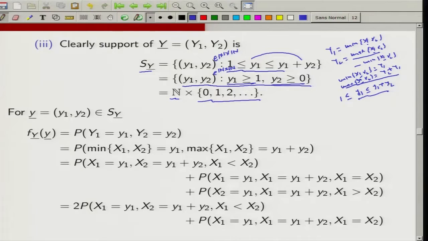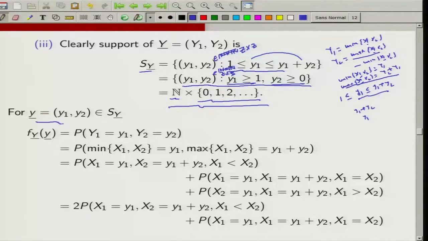So, y1 plus y2 has to be an integer, and y1 plus y2 is greater than or equal to y1. Since y1 is an integer, y2 is an integer, so y2 has to be greater than or equal to 0. So, this will not be N cross N, this will be Z cross Z, the set of integers. So, the support turns out to be N cross {0, 1, 2 and so on}.